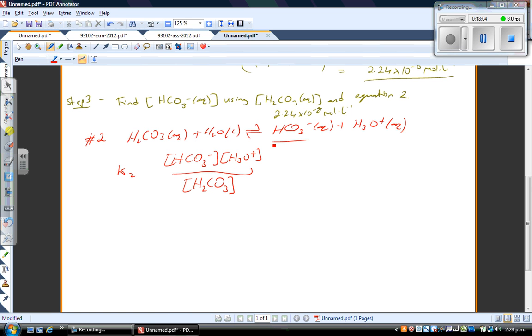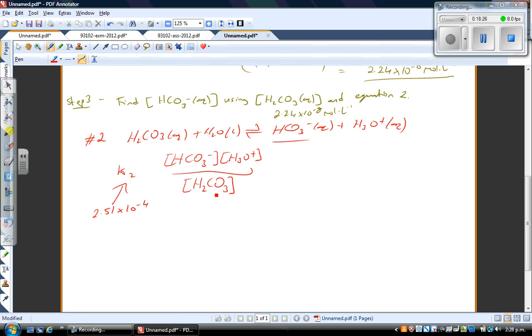Ignore the water based on the assumption we made at the beginning there. For all these equations, we're assuming the concentration of water is constant. So the value of K2, back at the beginning, was 2.51 by 10 to the minus 4.